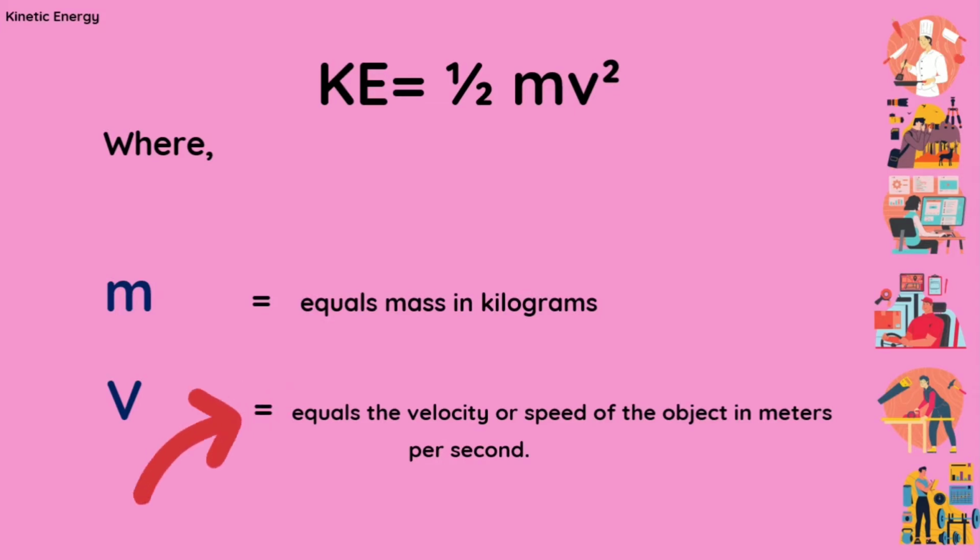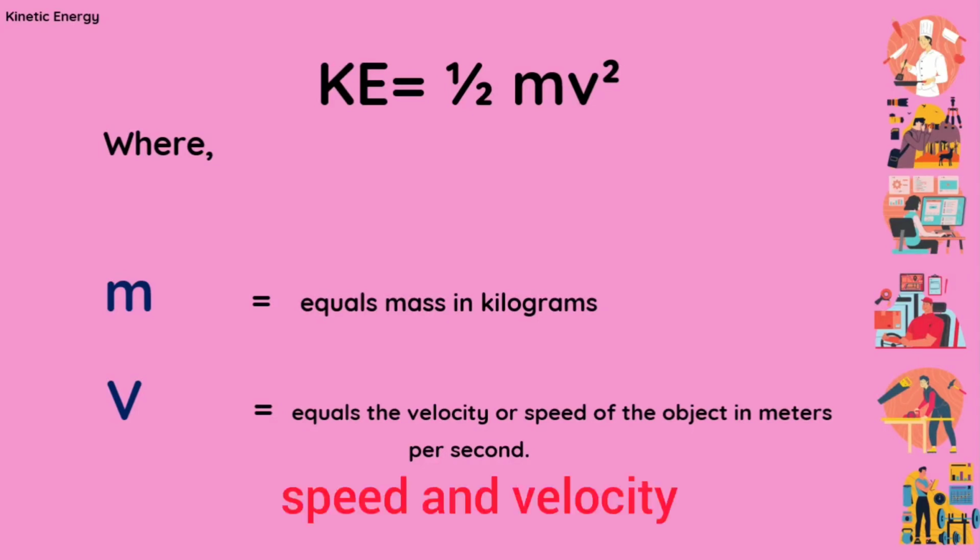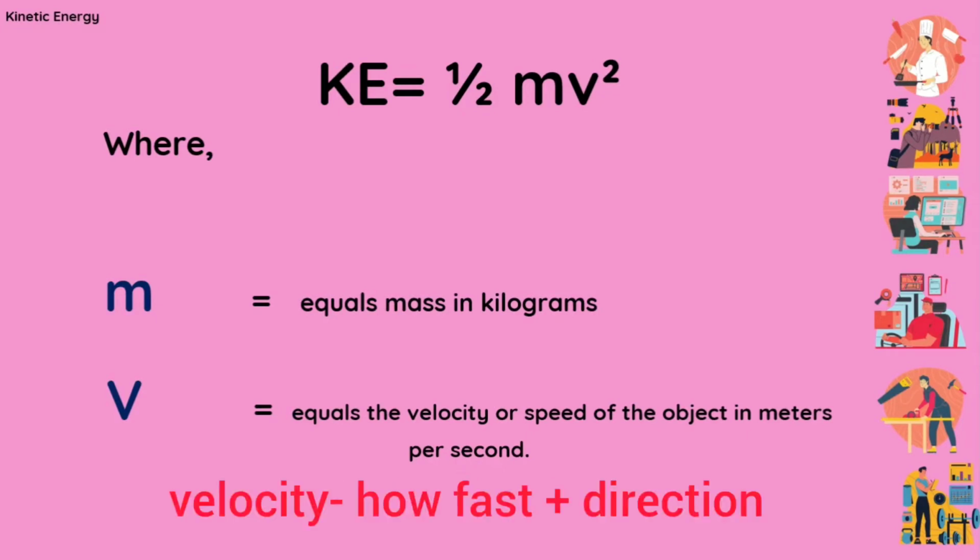So, tandaan natin na yung speed and velocity, minsan kasi akala natin parehas lang siya. Remember that speed is how fast, while velocity is how fast and in which direction. Saan, gaano kabilis at saan papunta.